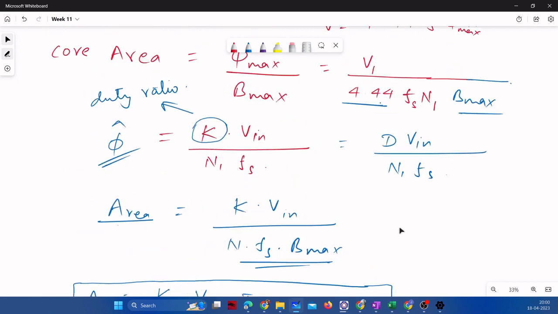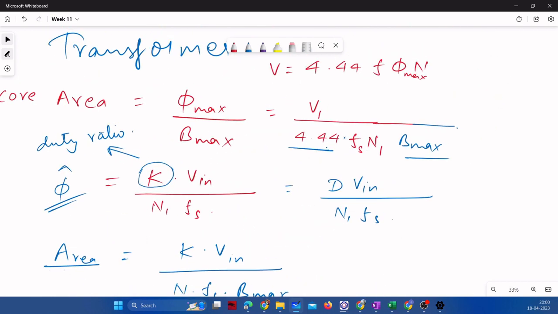So let us verify it right here: 4.44 into F phi max into N into B max. Yes, this B max is here.